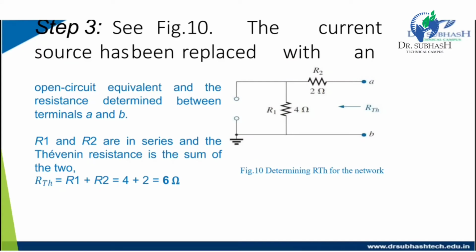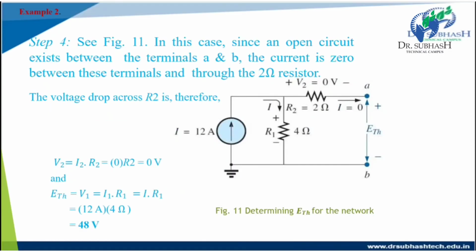For step 4, whatever we replaced, the current source, will be placed again, and in the place of RTH we will put ETH. So we move to step 4.